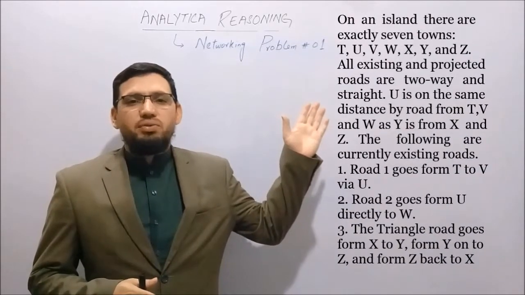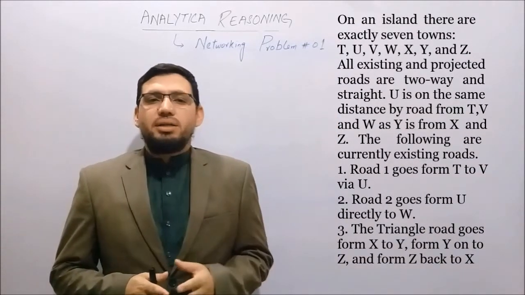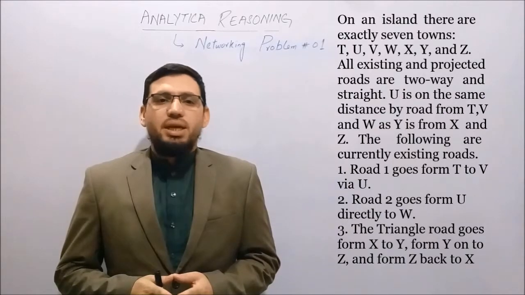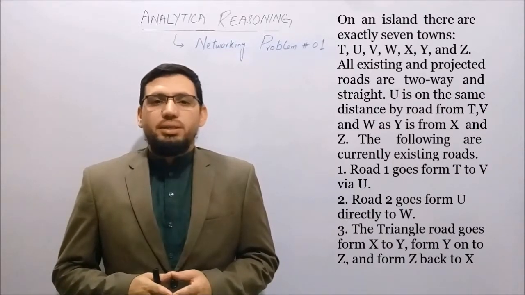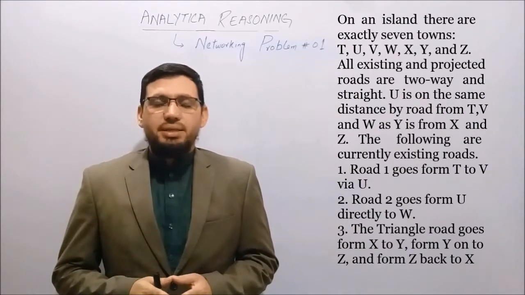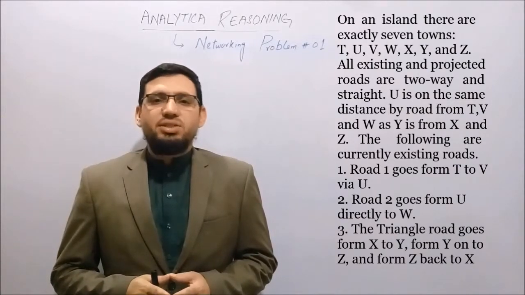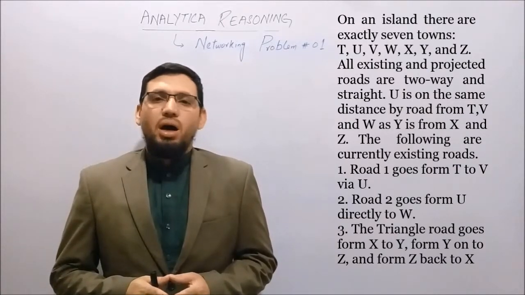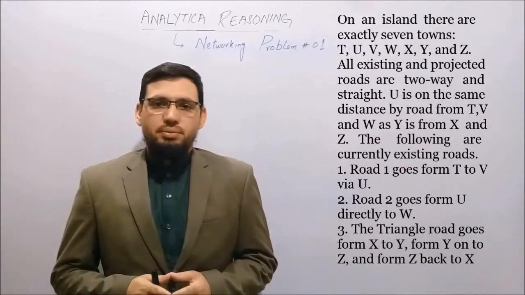The case we have today is that there are 7 towns, which are T, U, V, W, X, Y and Z. And all the existing roads between these towns are two-sided, even the projected roads as well.